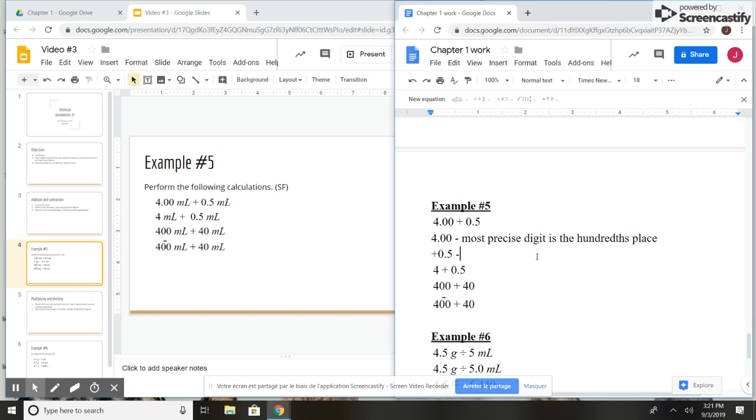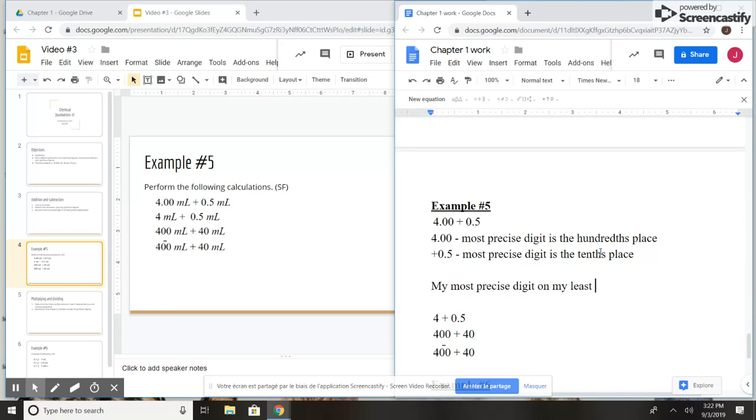And for the 0.5, the most precise digit is the tenths place. So my most precise digit on my least precise measurement is the tenths place.